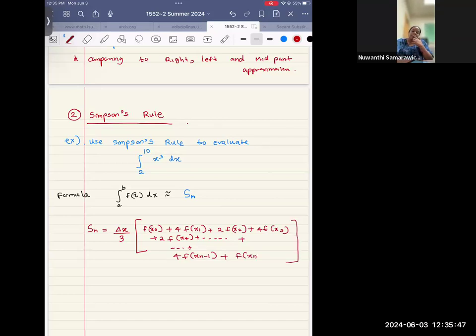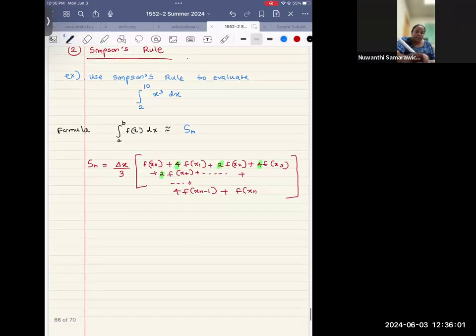Okay, so what is the difference between this and what we learned before? Here you see there is 4, 2, 4, 2. Always there is a pattern, right? Like the trapezoid rule, the first and the last y values aren't multiplied by any coefficient.